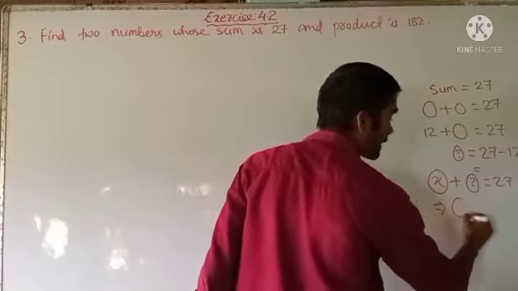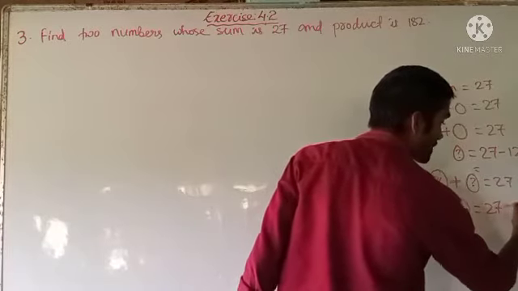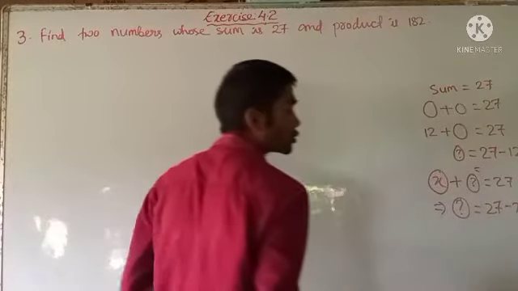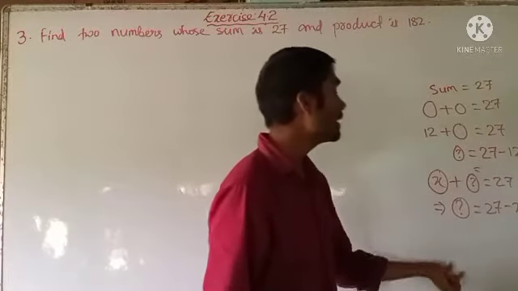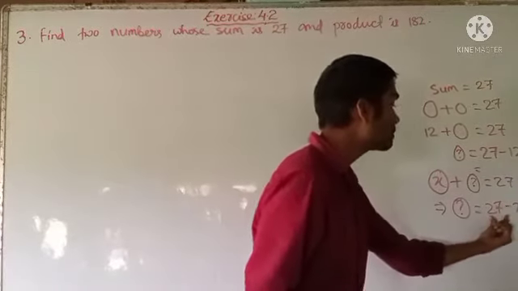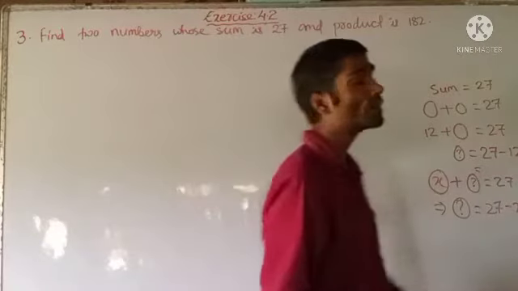How you can obtain that other number is by subtracting 27 minus x. So we'll use the same thing: one number we are going to take as x, and the other number we can obtain by subtracting, 27 minus x.